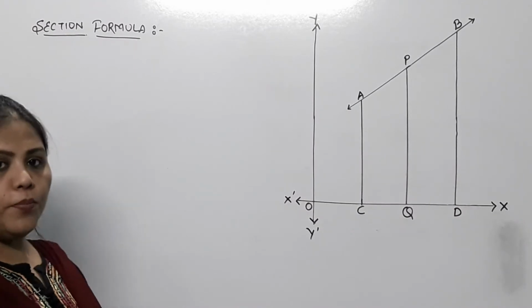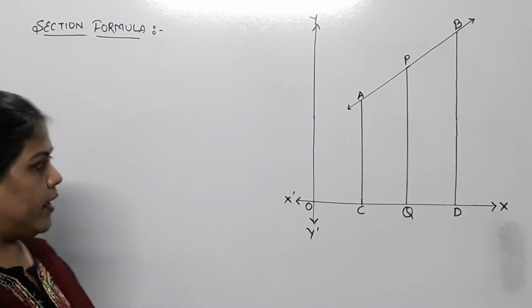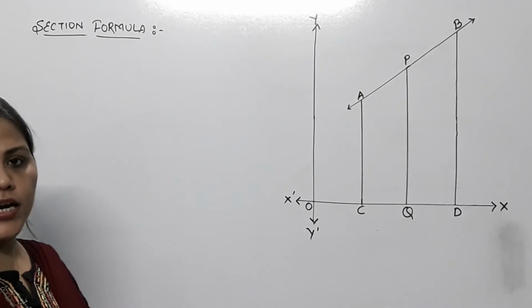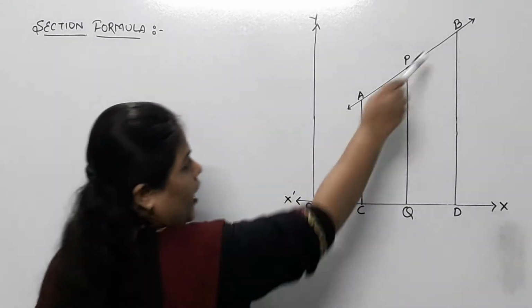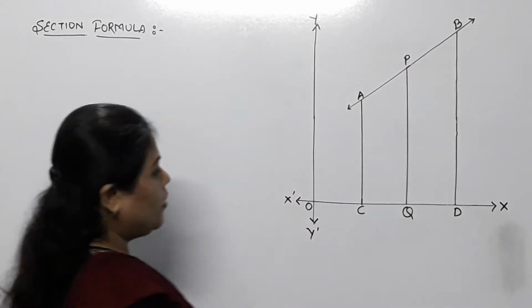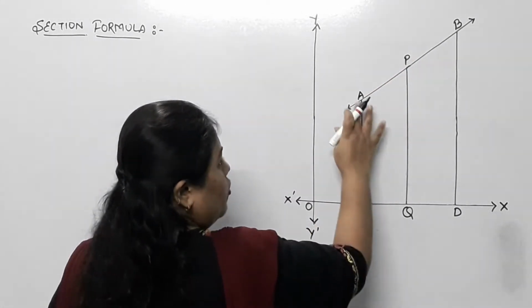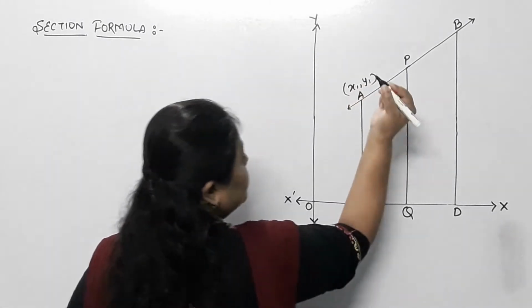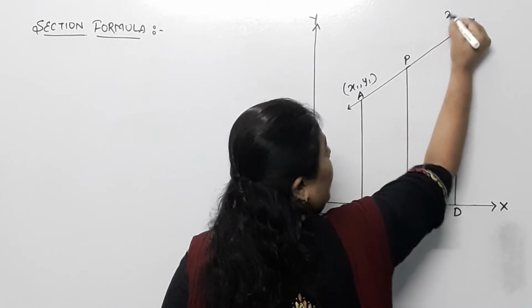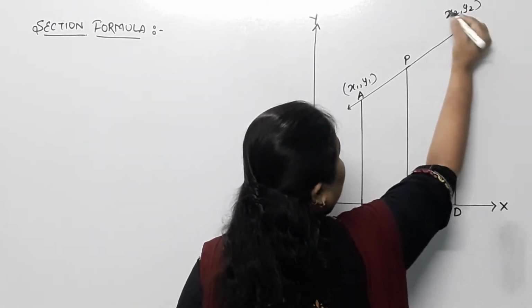So now by the property of intercepts of three parallel lines, we will see how to derive the section formula. Now for this, if AB is the line given in a plane, then the coordinates of A will be x1, y1 and of B x2, y2.